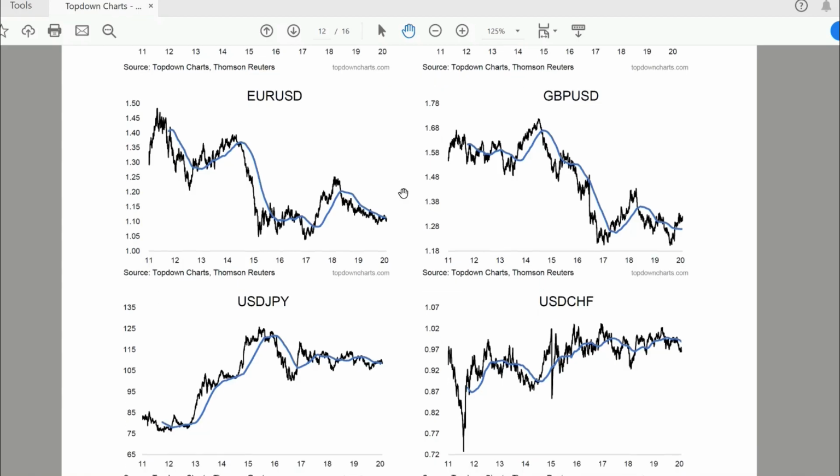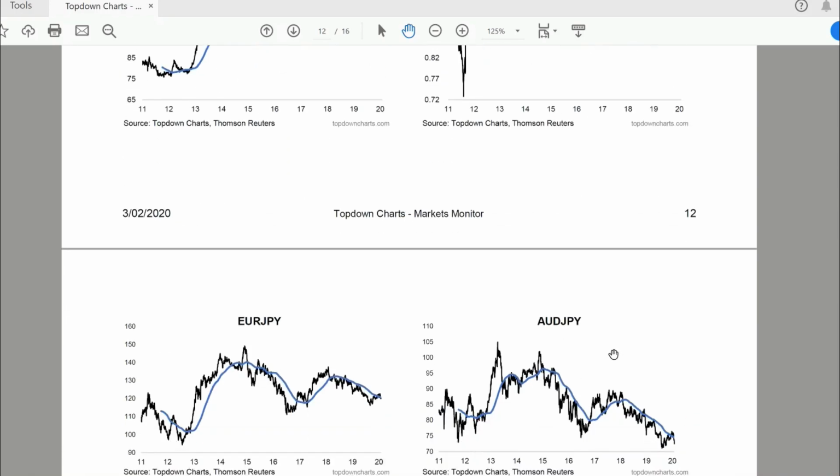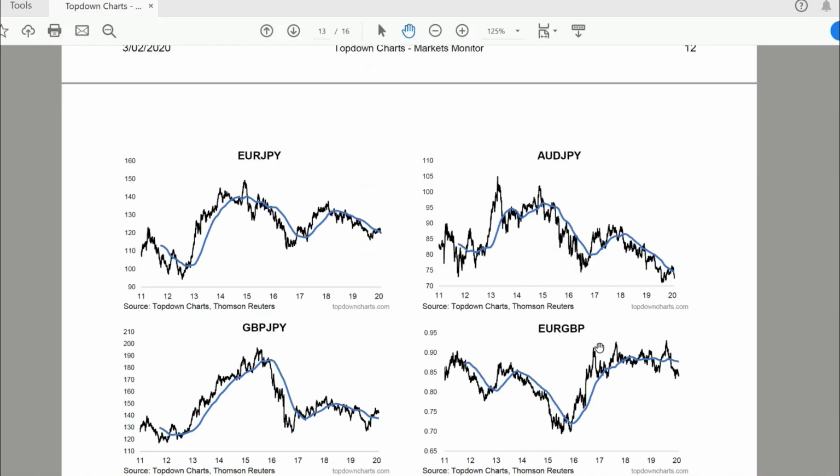Then you've got the majors here: EUR/USD, Cable, USD/JPY, Swiss franc, and then a couple of interesting, closely followed crosses. So Euro Yen, Aussie Yen. Aussie Yen's quite a good one to track because it tends to be quite macro sensitive. That's why I've got it here.